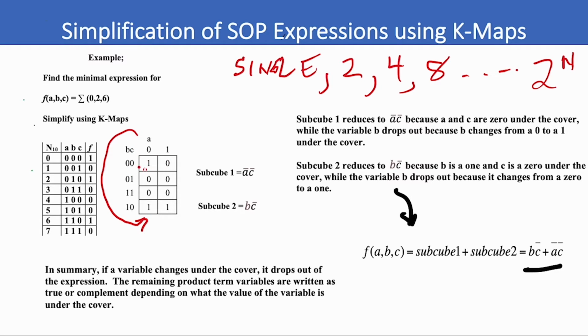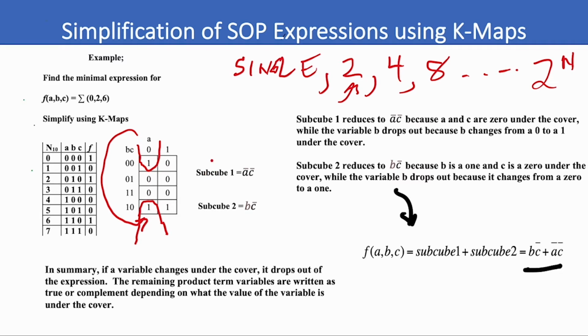So we see that we have a 1 here and we have a 1 here. So we can create a cover right here of these 2 ones. These 2 ones are adjacent to each other because they're on the top and the bottom. And because they're adjacent to each other, we can cover them with a 2 function cover. So we're covering 2 ones, and the idea is to cover all the ones and then you're done. So we cover these 2 ones.